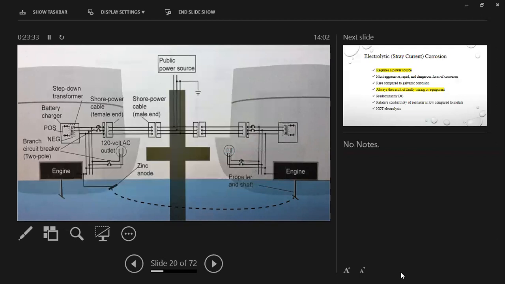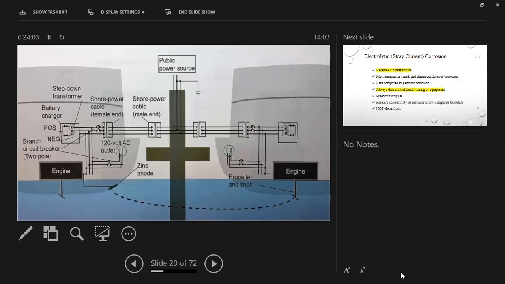What we're looking for is how a shore power system can set up a galvanic corrosion problem on your boat. So here's your boat over here. You've got a nice zinc anode, could be an aluminum anode, but say it's a zinc anode, and your whole boat is bonded. All the metal is bonded together. Your propeller, your shaft, everything is bonded together. So your boat's great. It's properly protected with cathodes and anodes.